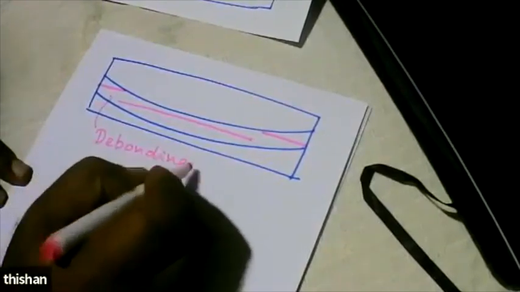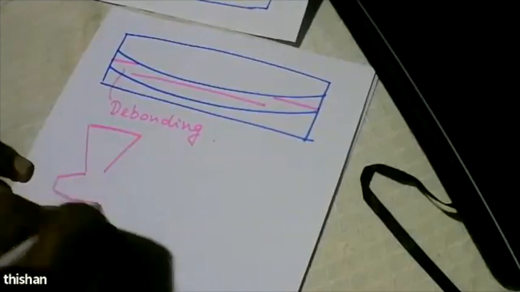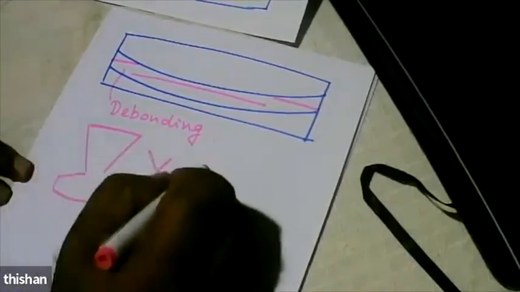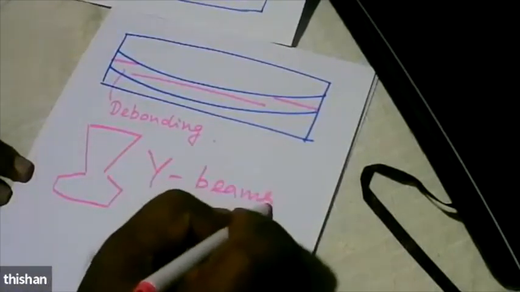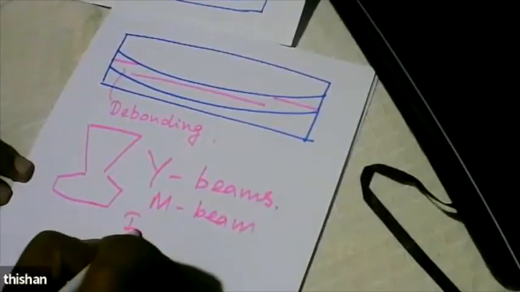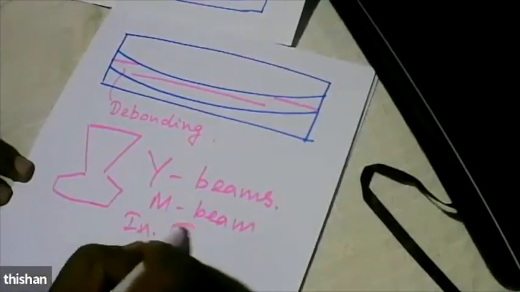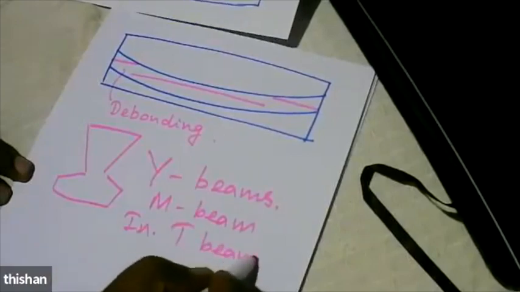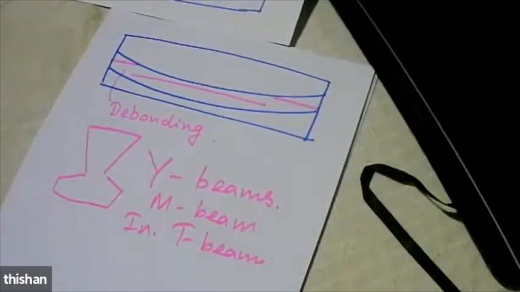By using debonding, we change the location of the cable. So this is what we use in Y beams, M beams, inverted T beams. So this is the method.